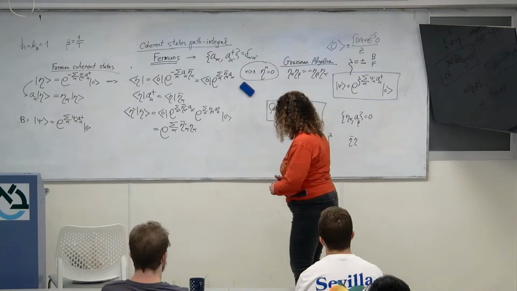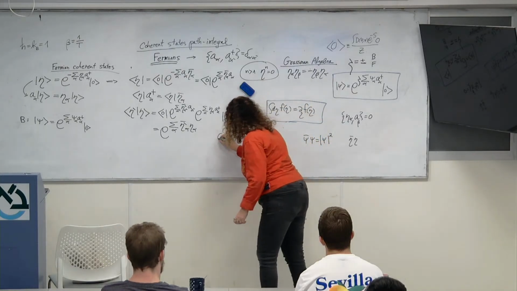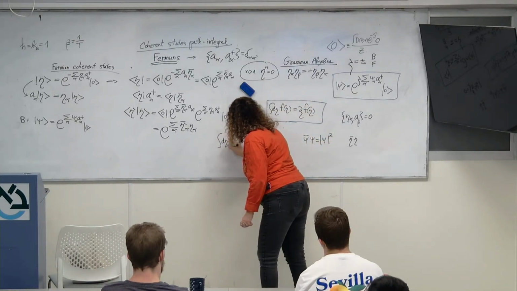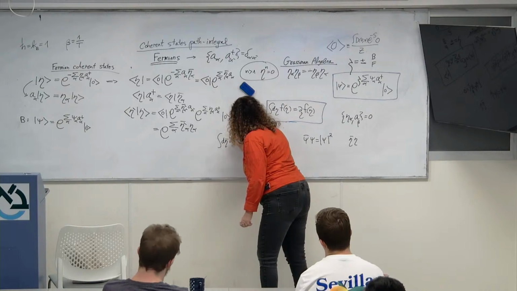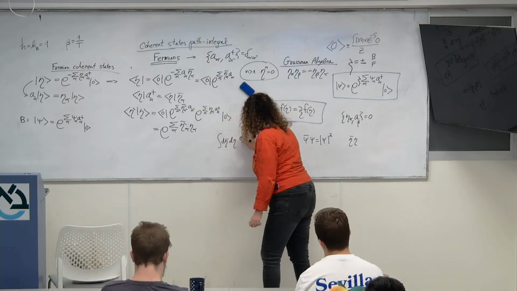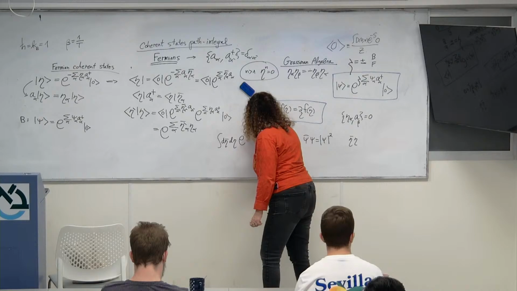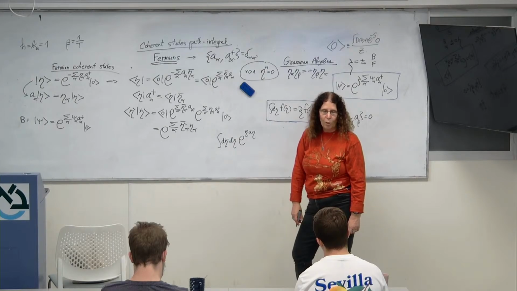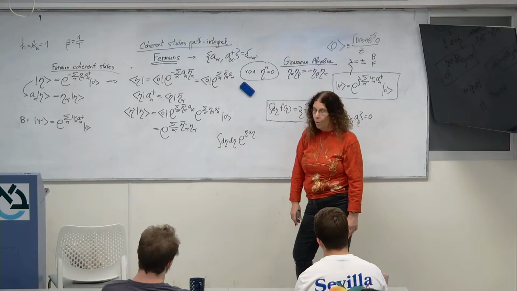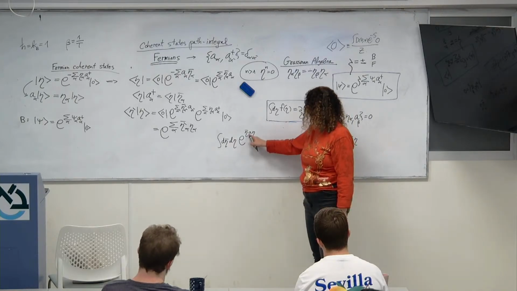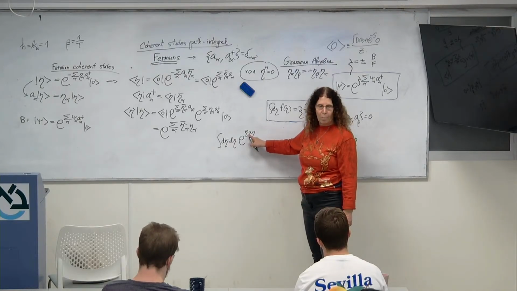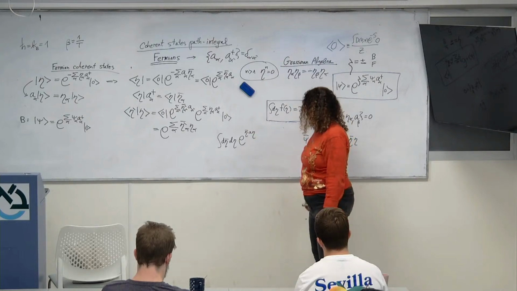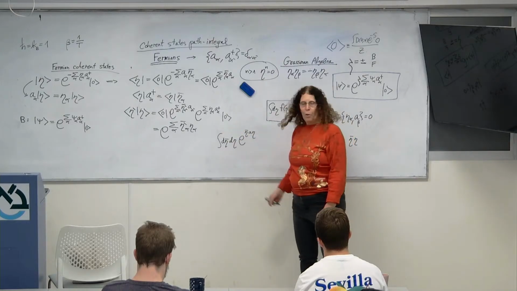For example, let's take a concrete example. If I have something like this, what is it? It looks like a Gaussian integral with Grassmann variables. A is a complex number. I know how to perform the integral.